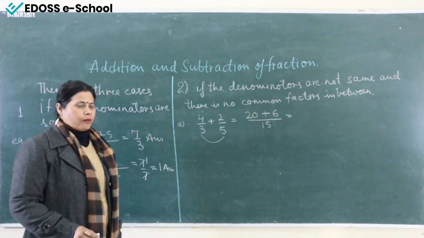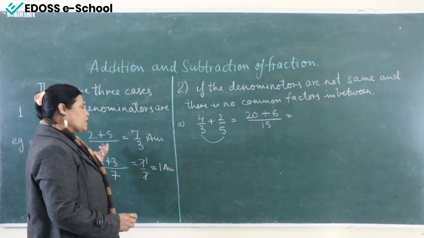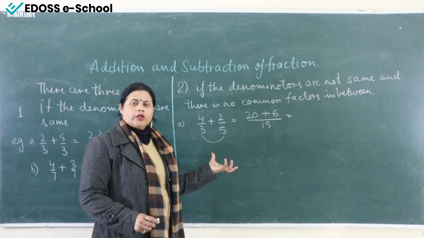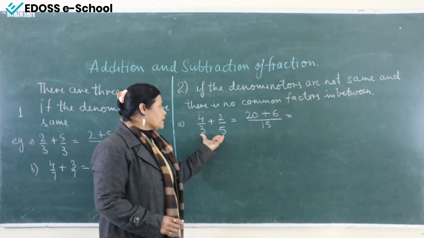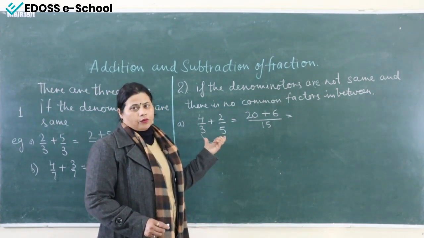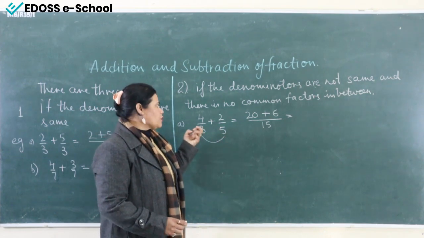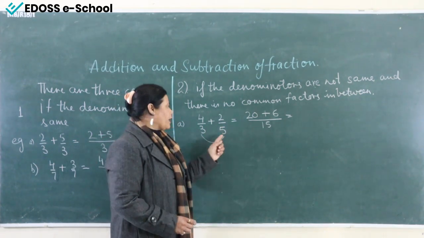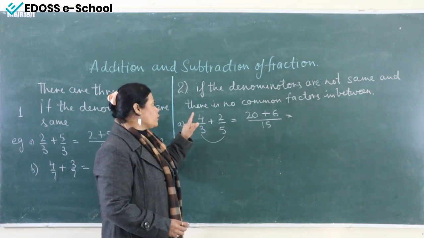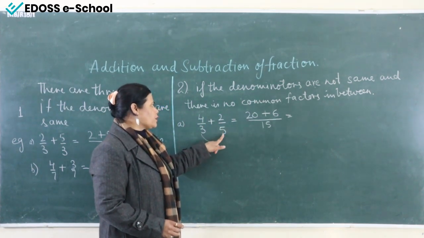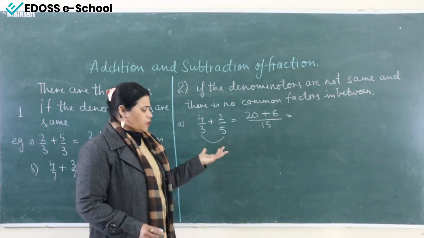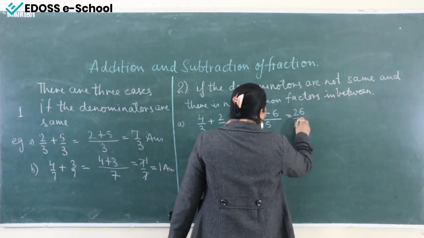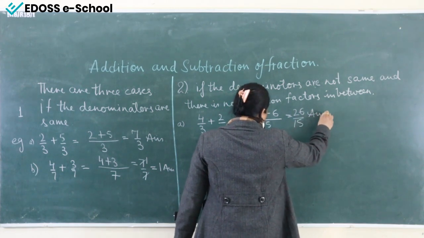Why no LCM? Because there is no common factor in between. Both the numbers are prime numbers. So simply you just multiply the denominators. 5 3s are 15 and for the numerator you have to do like this, 4 5s are 20 and 2 3s are 6. So my answer is 26 upon 15. This is my answer, right?